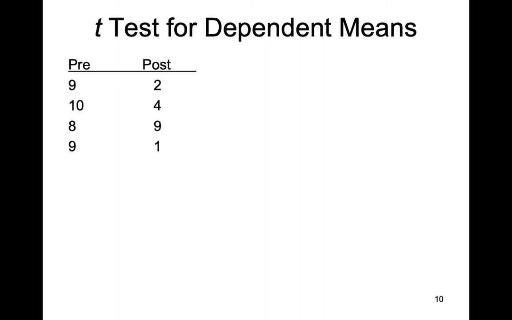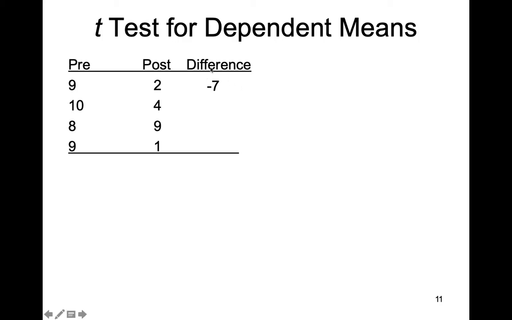So what we're going to do is take our data. We've got pre-scores and post-scores. And for each one of our 4 participants, we're going to calculate a difference score. We do this by subtracting the pre-score from the post-score. This is the way that we're always going to subtract.